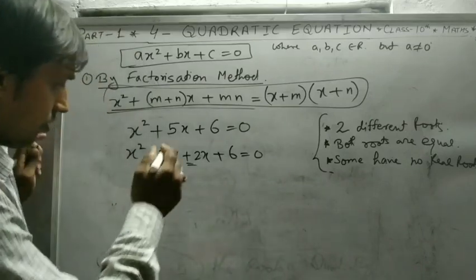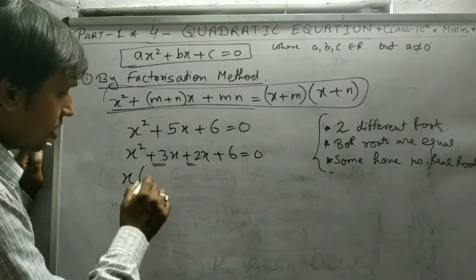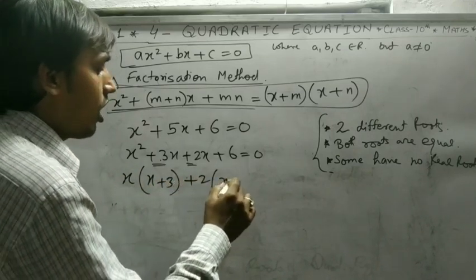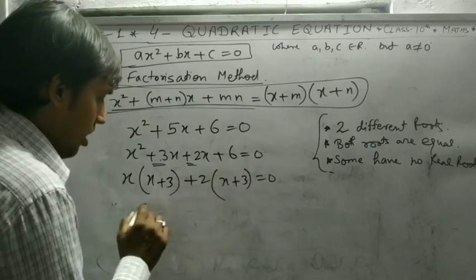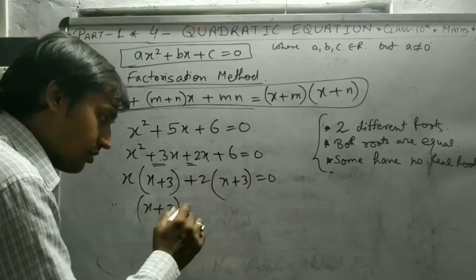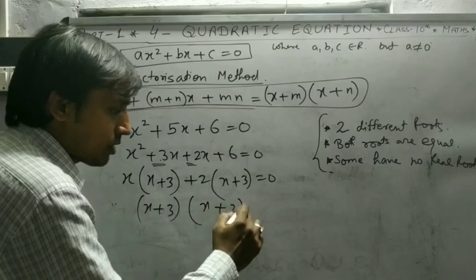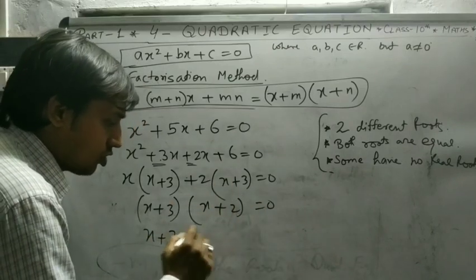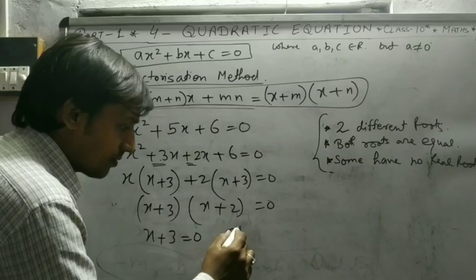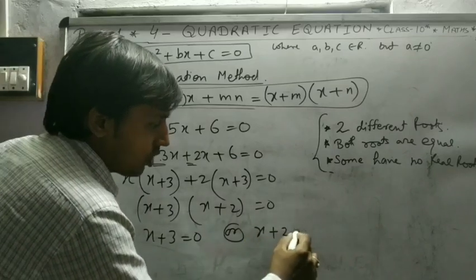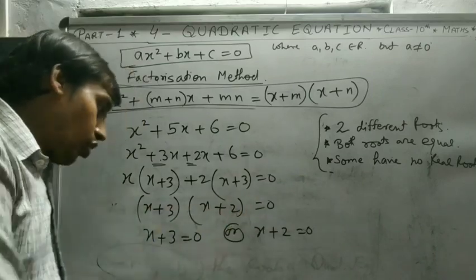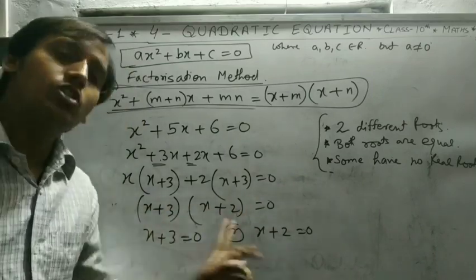Let's solve. x into x plus 3 plus 2 into x plus 3. x plus 3 is common. Then you get x plus 2 into x plus 3 is equal to 0. If this product is 0, then any one of these two is 0.